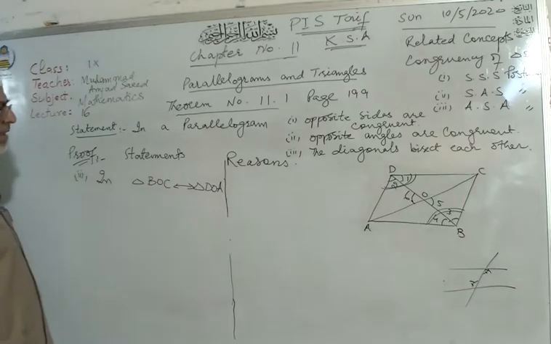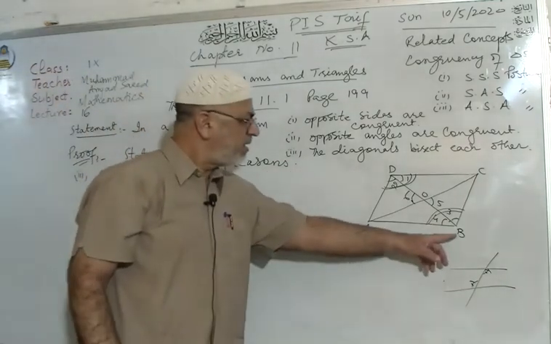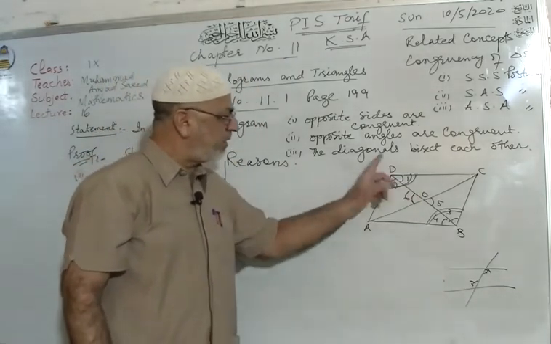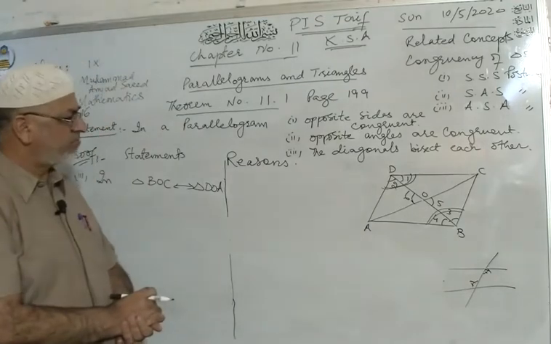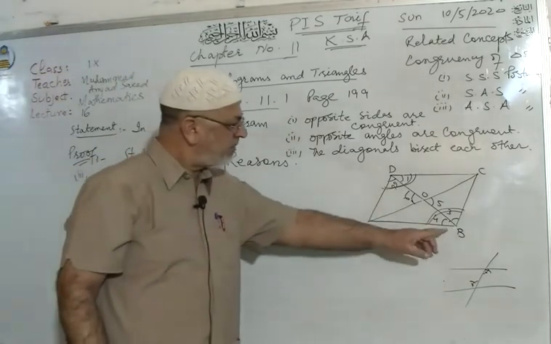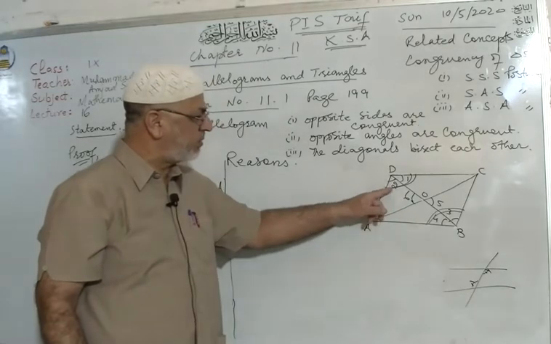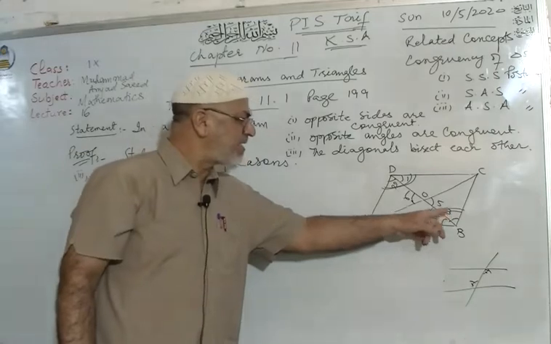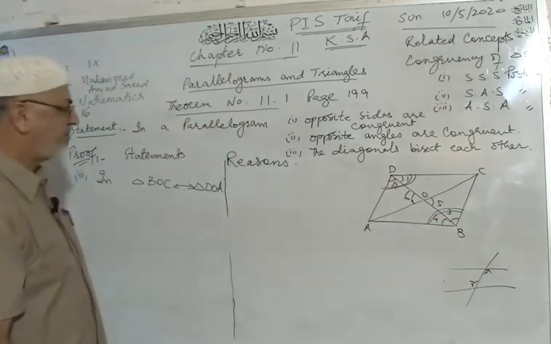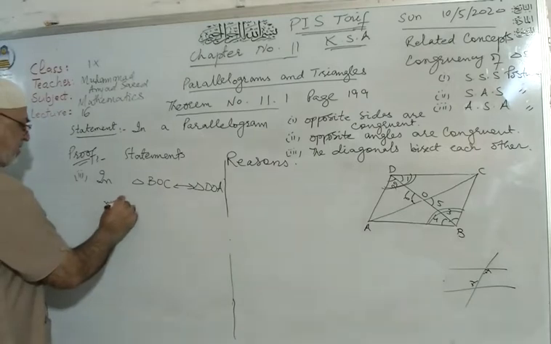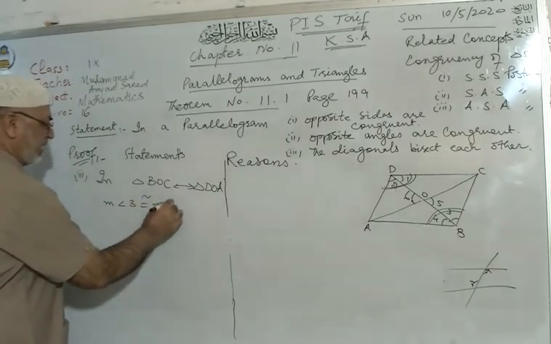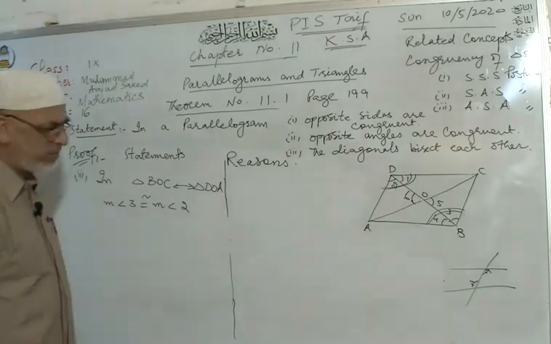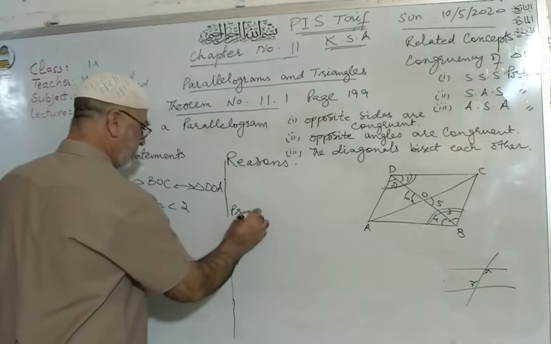Here, in the correspondence of triangle BOC and AOD, angle 3 is congruent to angle 2. They are alternate angles. Angle 3 is congruent to angle 2. This is already proved.